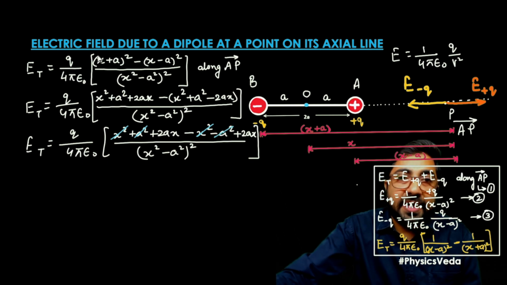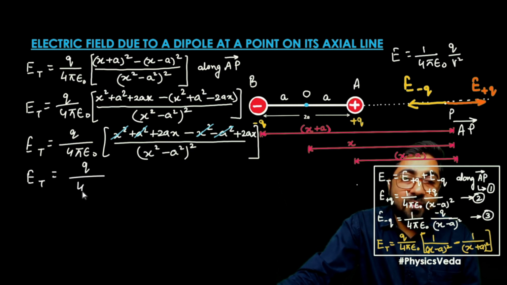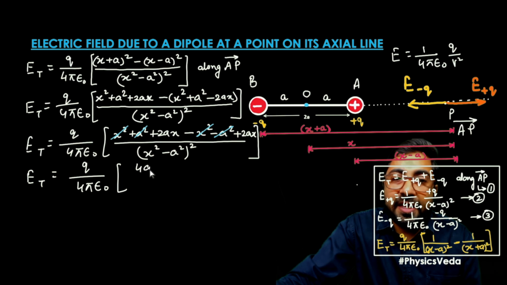So the total electric field is equal to q upon 4 pi epsilon naught, where 2ax plus 2ax is 4ax, over x square minus a square to the power 2.